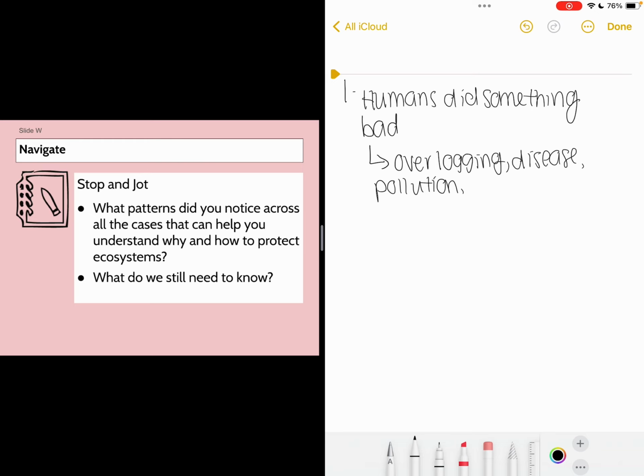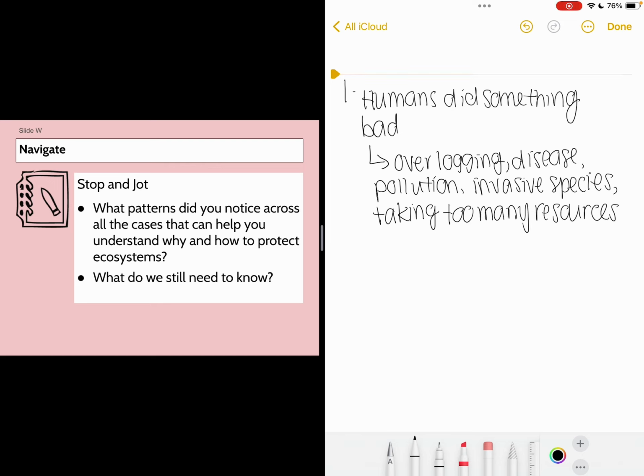It could be invasive species. It could just be taking too many resources in general. So humans do something bad.